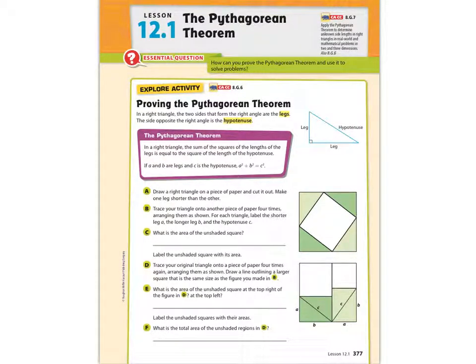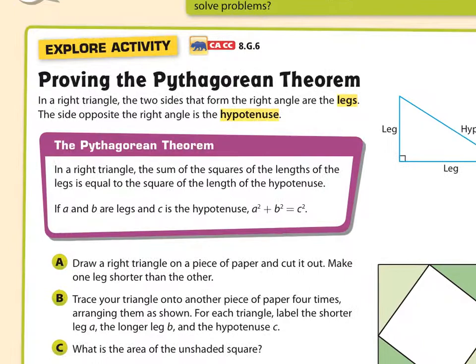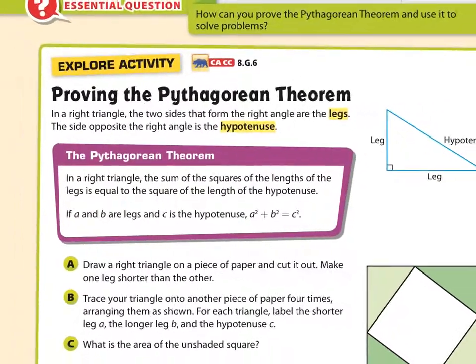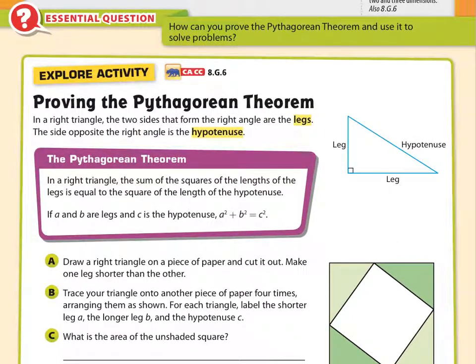Here we have lesson 12.1, the Pythagorean Theorem. The Pythagorean Theorem statement is right here on our first page, but before I get to that, I want to direct your attention to the right side, which is this shape. It is a triangle, and specifically, it is a right triangle. Remember, this little box, we've seen this before in the last module, means it is 90 degrees.